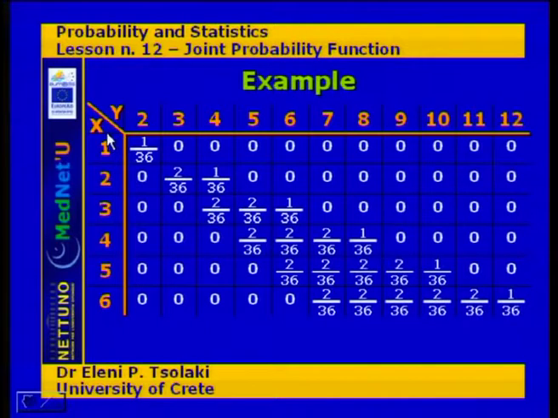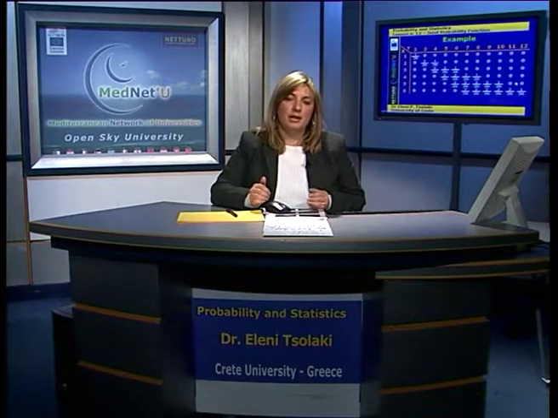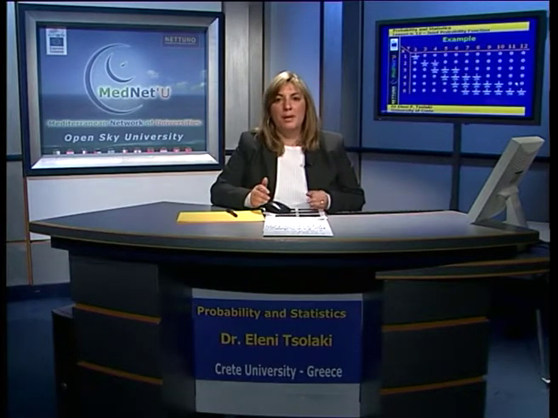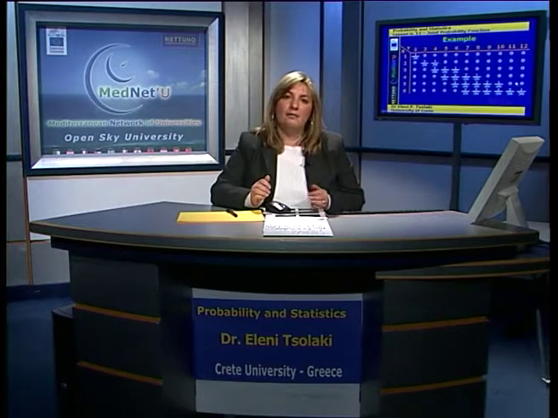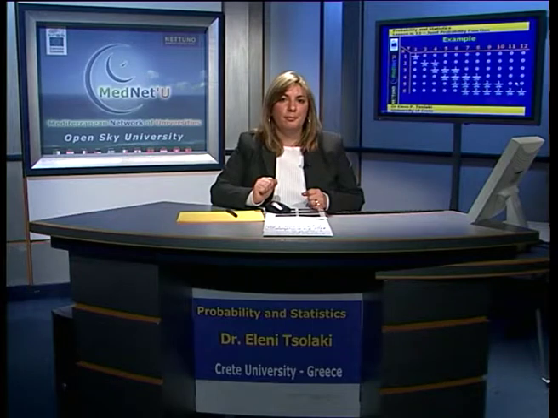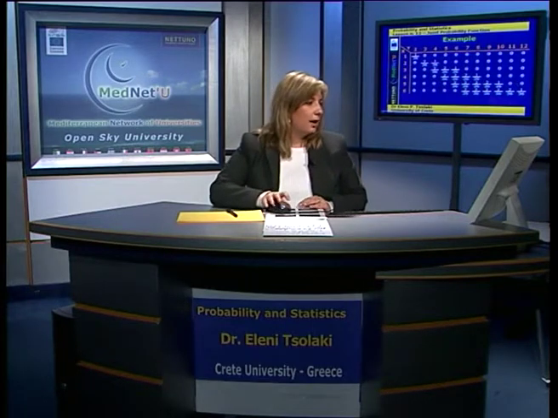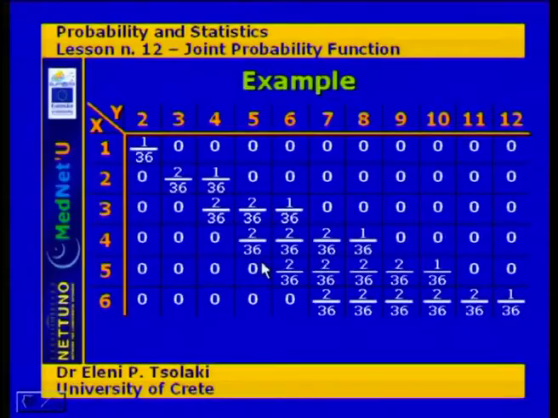We see here that the table has numbers and everywhere else is 0. The joint probability function of x and y will also be 0 for all other values of x and y not included in the table. Let's understand how we have calculated this table.